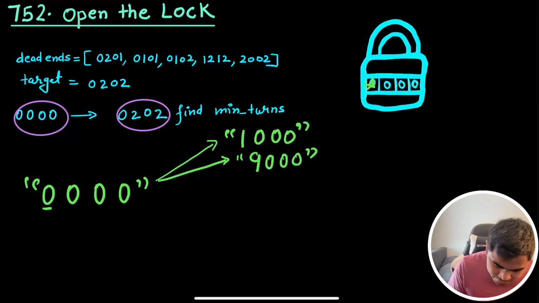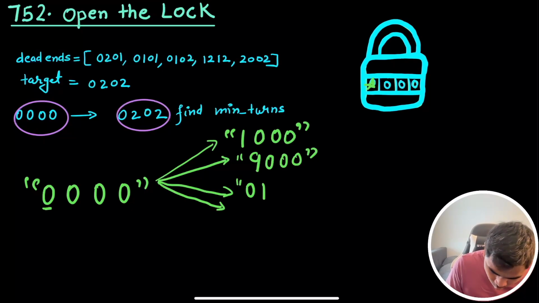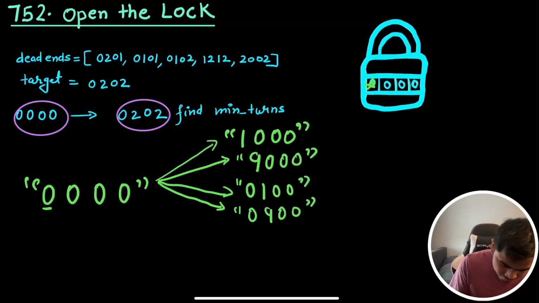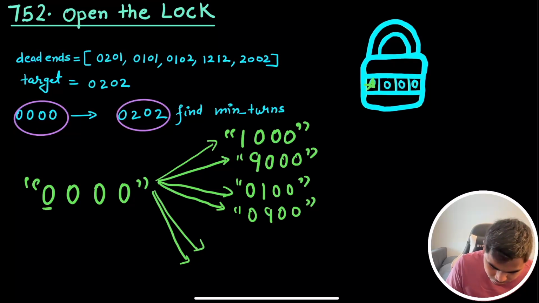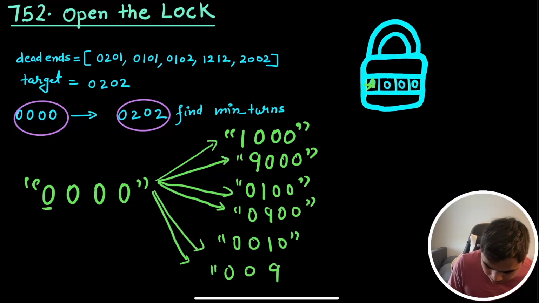The second digit will also have 2 possibilities: 0, 1, 0, 0 and 0, 9, 0, 0. If I work with the third digit, I also have 2 possibilities: 0, 0, 1, 0 and 0, 0, 9, 0.